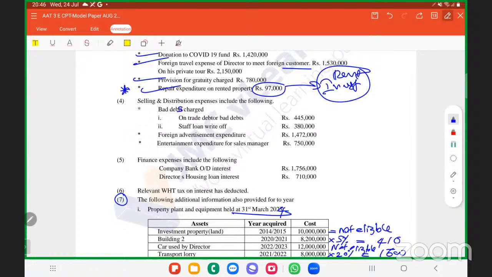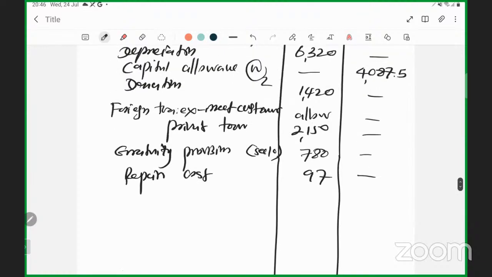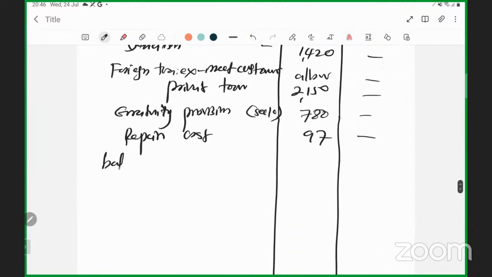Okay. Then selling and distribution include the bad debts. Bad debts, right? On the trade debts, if there is any actual bad debts. The bad debts in the sense of impairment of trade receivable, that is the correct name, right?